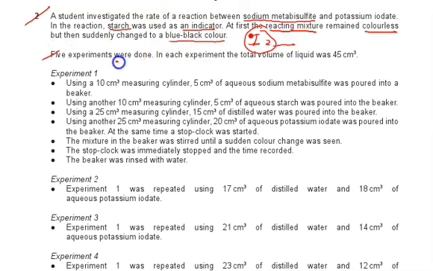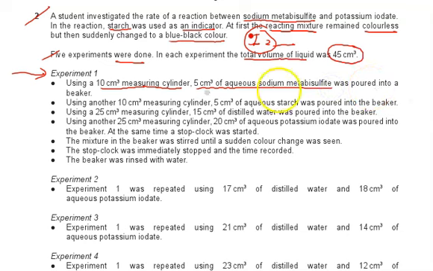Okay, now 5 experiments were done. In each experiment, the total volume of liquid was 45 cm³. How do they do experiment 1? Using a 10 cm³ measuring cylinder, 5 cm³ of aqueous sodium metabisulfite was poured into a beaker. Using another 10 cm³ measuring cylinder, 5 cm³ of aqueous starch was poured into the beaker. So here's 5, here's another 5.